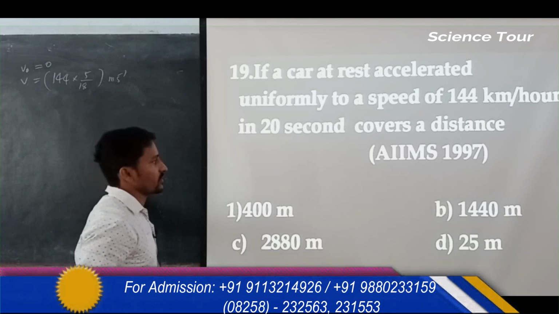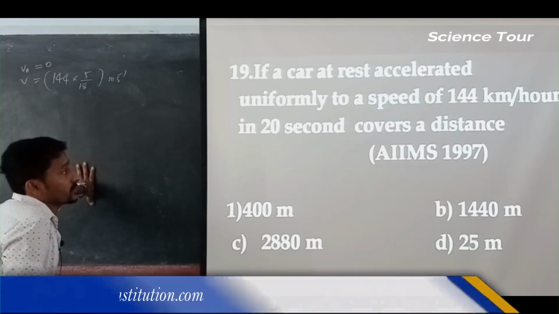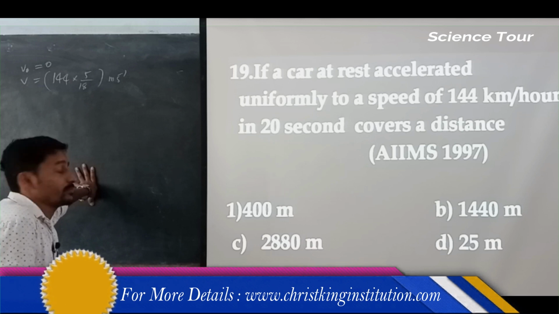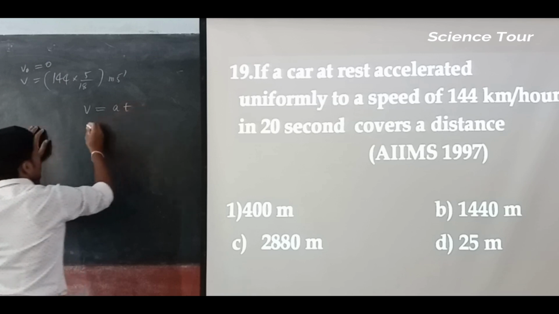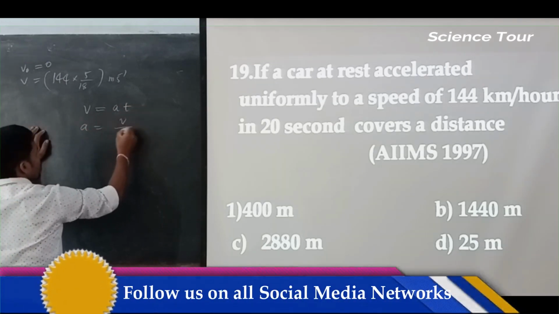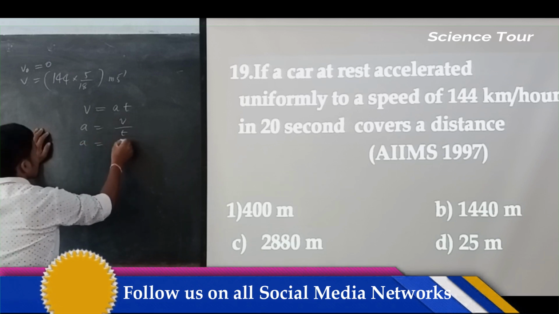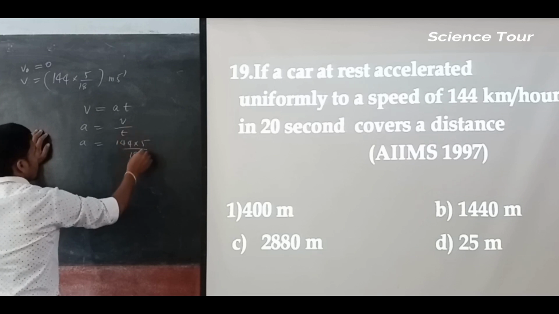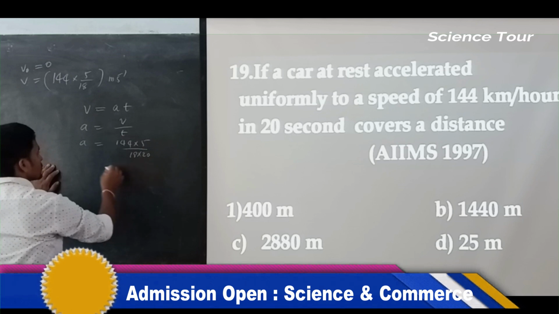Now for total distance covered, x is equal to v naught t plus half a t square you can use, but you have to find out the acceleration first. So v is equal to v naught plus a t we will use, that is a is equal to v divided by t. So a is equal to 144 into 5 by 18 divided by 20.